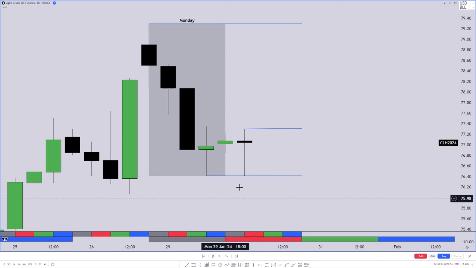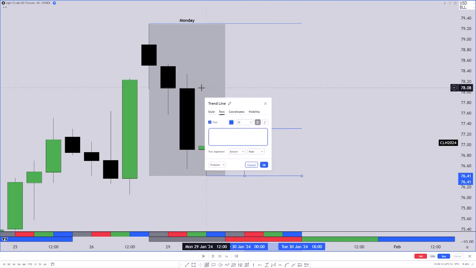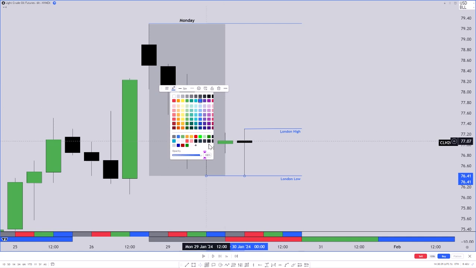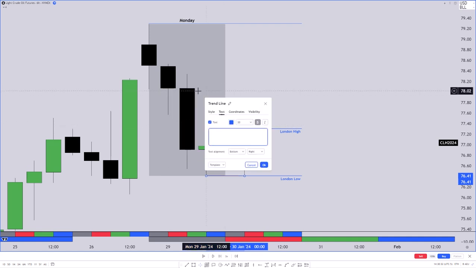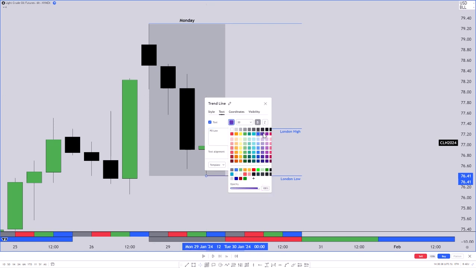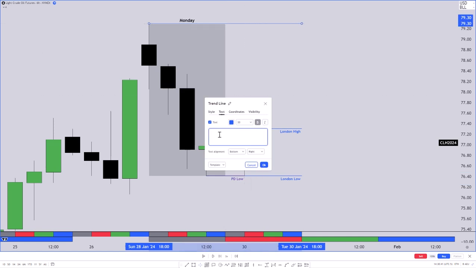Then what you'll notice is that it's pretty much to the pip with the London. So what we can do is say London low, right? And then project this as London high, right? Then this, we can change up the color. Let's make it purple. Then we'll say previous day low, right? Then this would be previous day high, right?